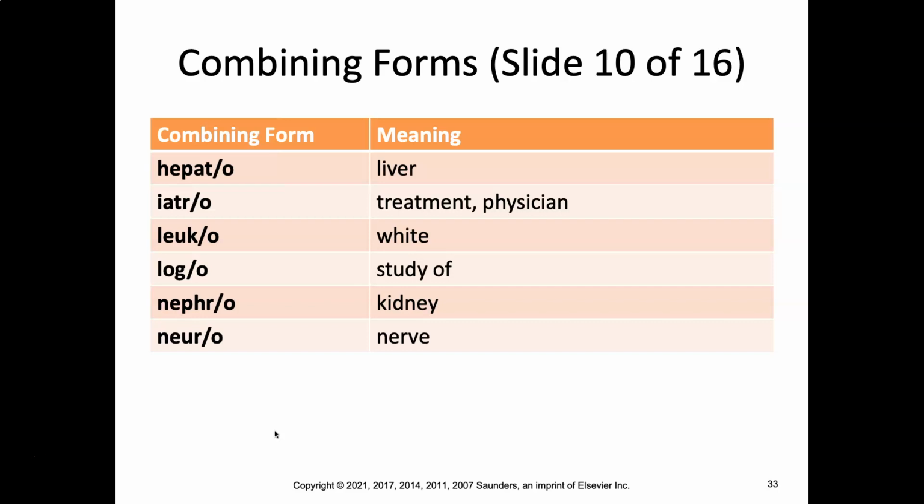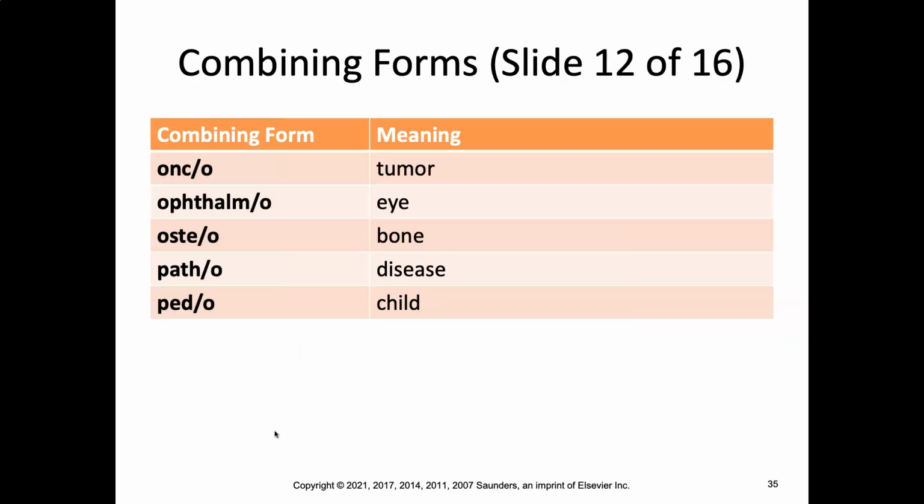Hepato, iatro, leuco, logo, nephro, neuro. Onco, ophthalmo. Ophthalmo is one of those challenging ones to study and to say and to spell. So make sure that you catch that O-P-H, T-H, and you remember the L before the M. So really study that one and that'll help you out.